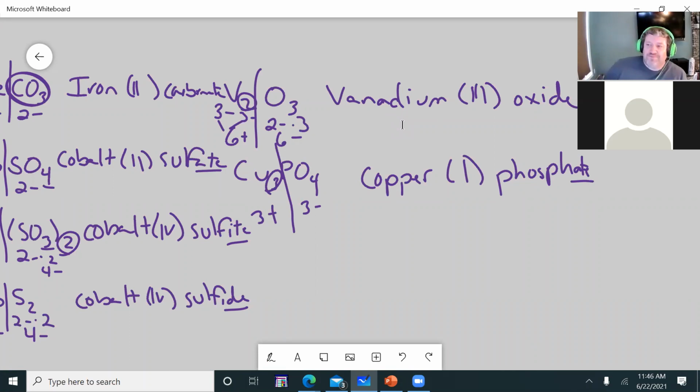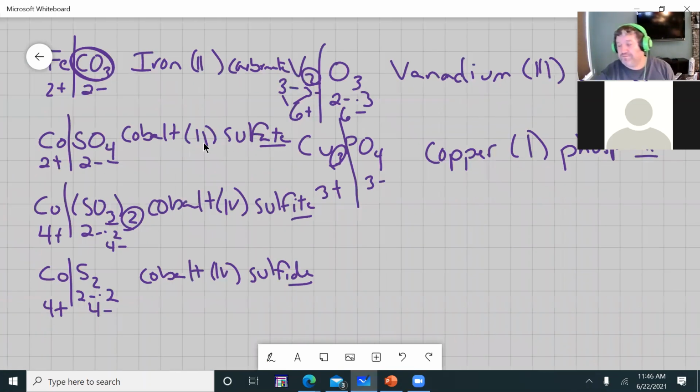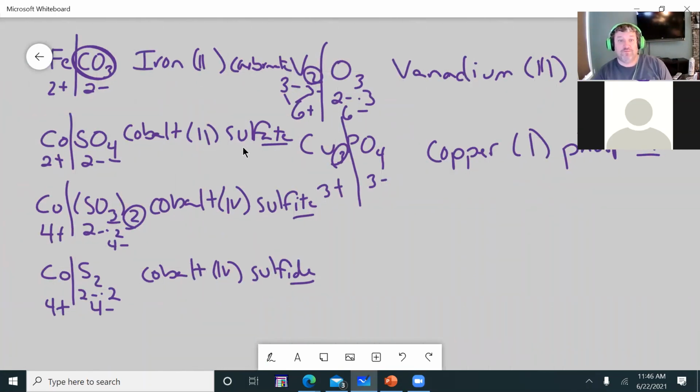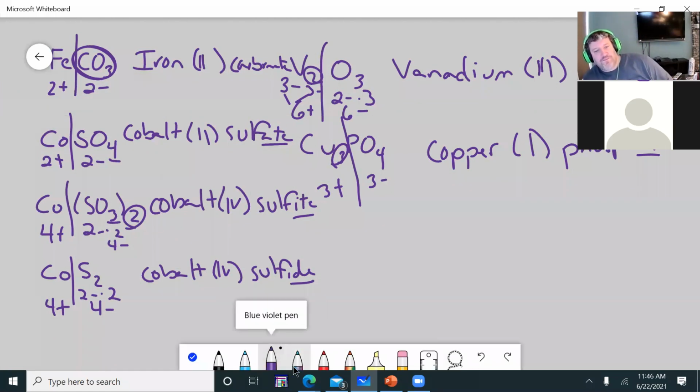Can you explain the ending of the sulf? Yes. So when we're looking at these different things, we see sulf is in each of them, but they're talking about different materials. So sulfate, ATE, is talking about SO4 2 minus.